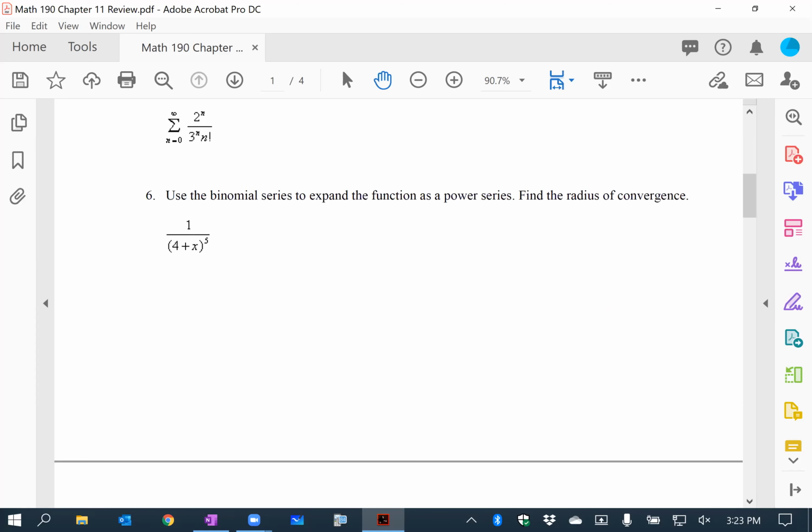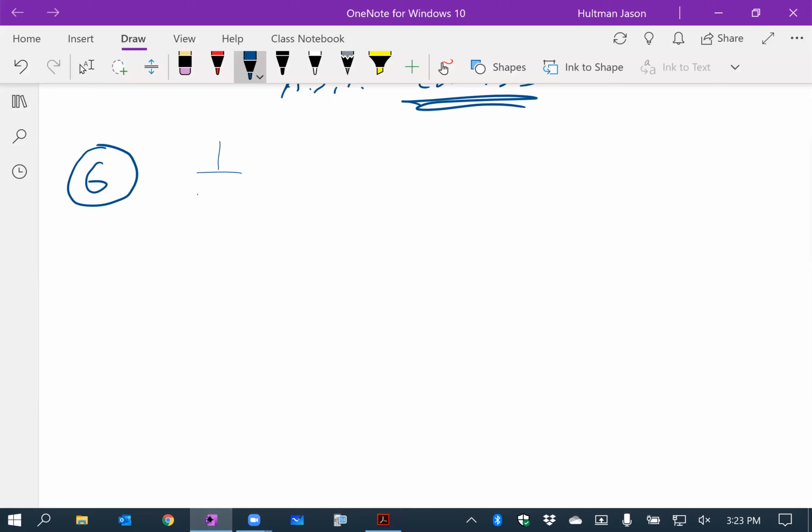Okay, so 1 over 4 plus x to the 5th power. Okay, what's that going to be equal to?